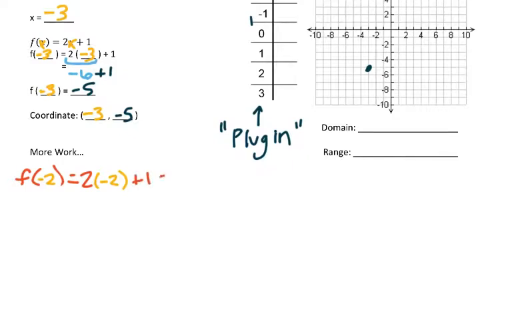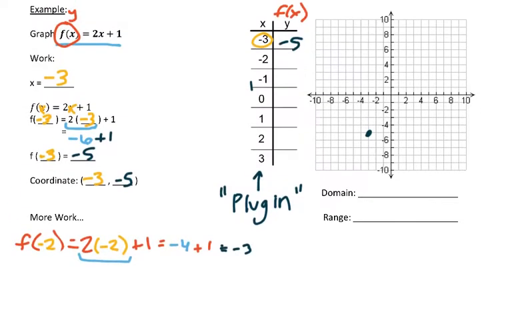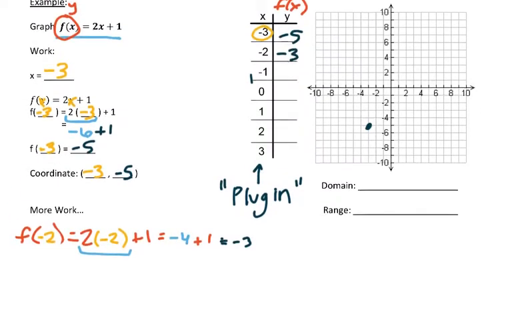If we simplify as we did up above, 2 times negative 2 is going to become negative 4, and we'll still have negative 4 plus 1, and so we'll end up with negative 3. So our next coordinate is negative 2, negative 3.